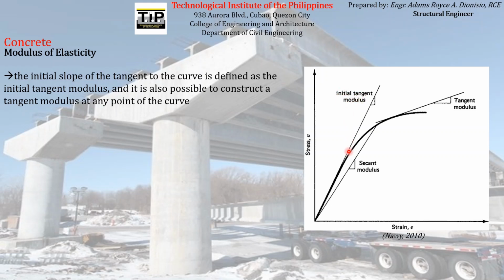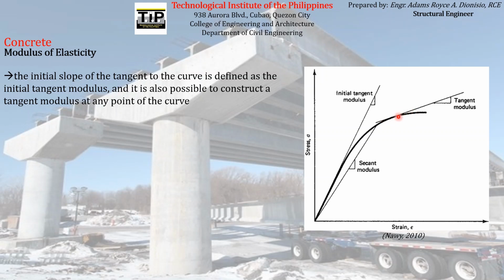And actually, we can get any other tangent modulus along any point on the curve. We can get some other magnitude of tangent modulus, not only on this first part of the stress strain curve, but on any point along the curve.